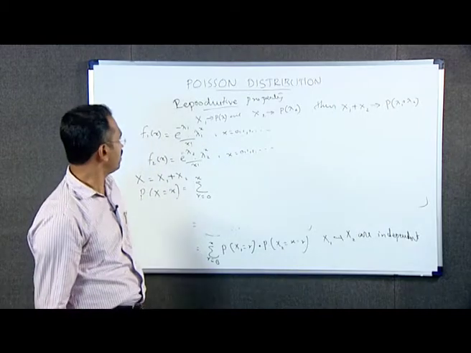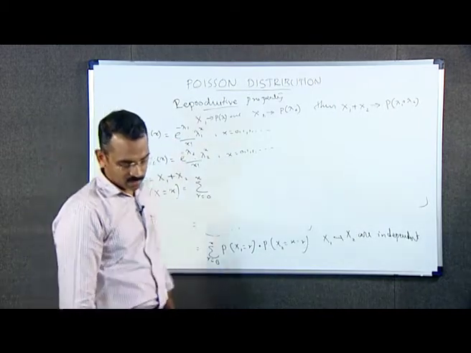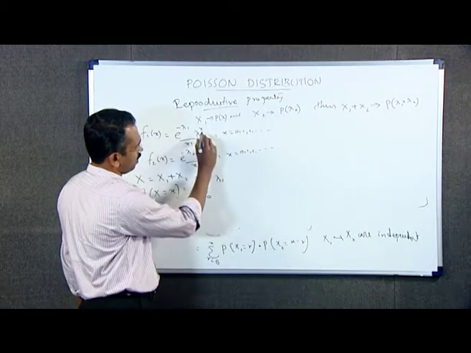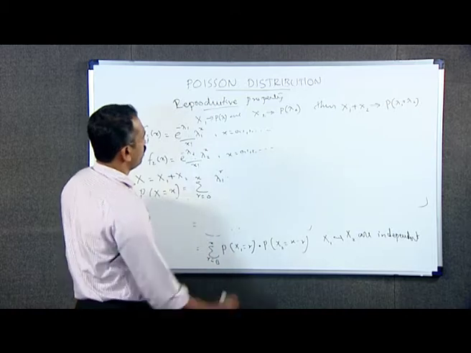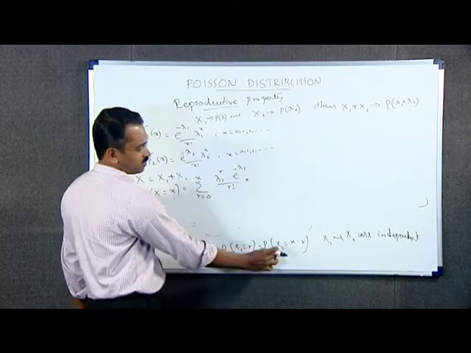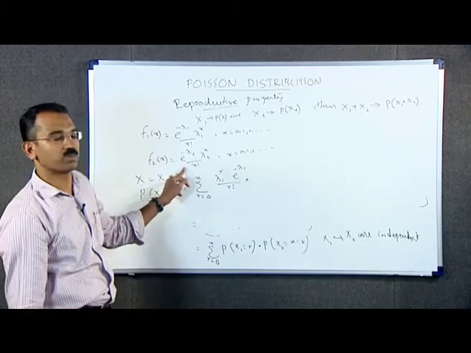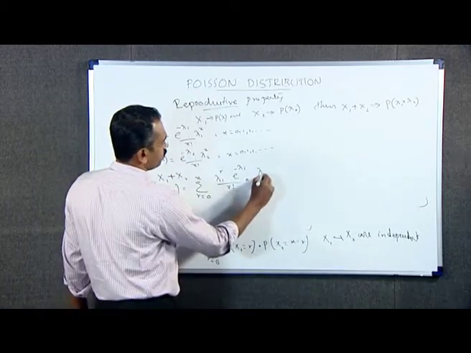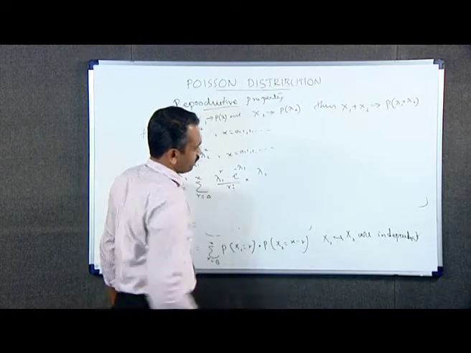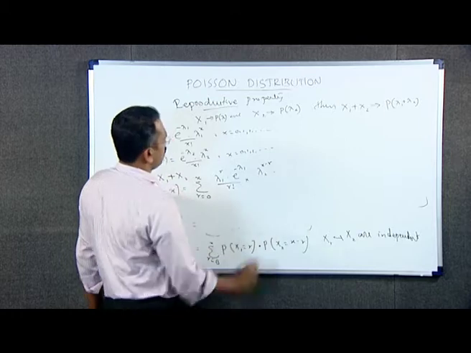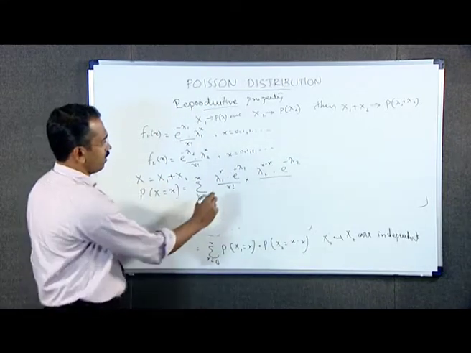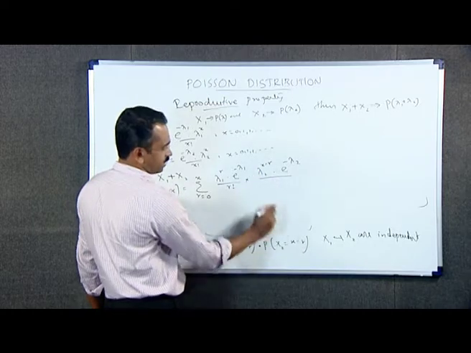The probability of x1 equal to r we can write by using the probability mass function, that is lambda 1 raised to r into e raised to minus lambda 1 divided by r factorial, into, this is corresponding to x2, we can use this probability function, that is lambda 2 raised to x minus r into e raised to minus lambda 2 divided by x minus r factorial.